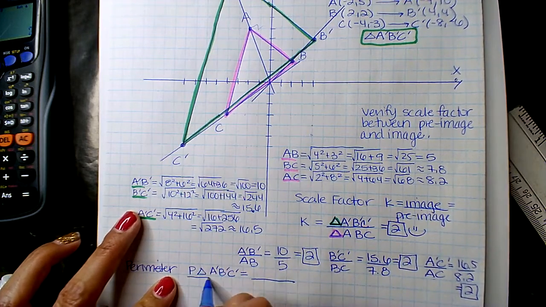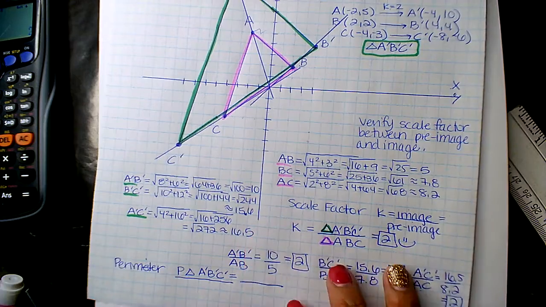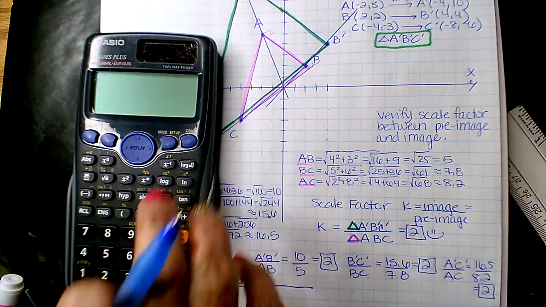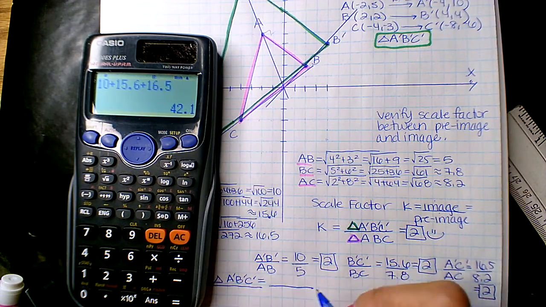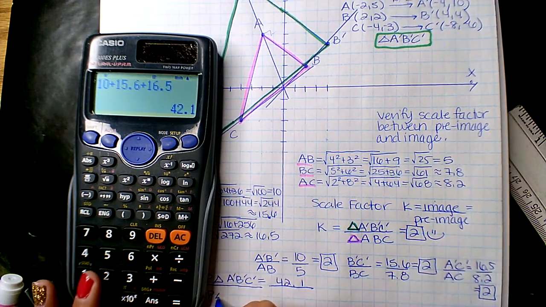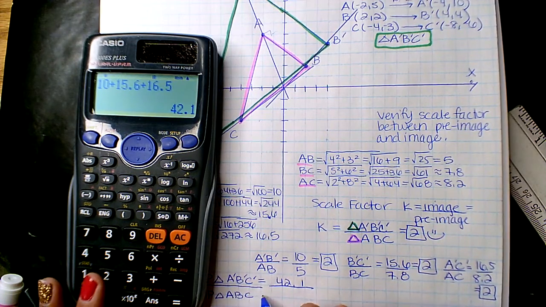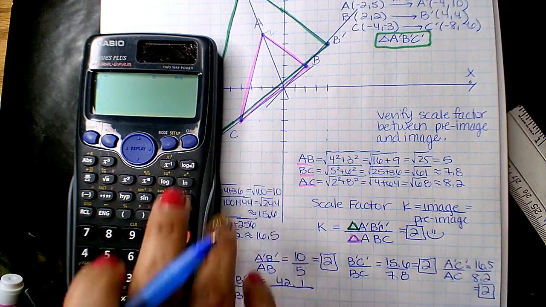Well, you would add up these 3. So what's 10 plus 15.6 plus 16.5? That is 42.1. What's the perimeter of my pre-image? Well, what's 5 plus 7.8 plus 8.2?